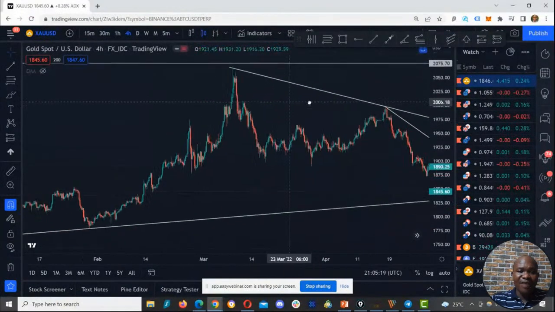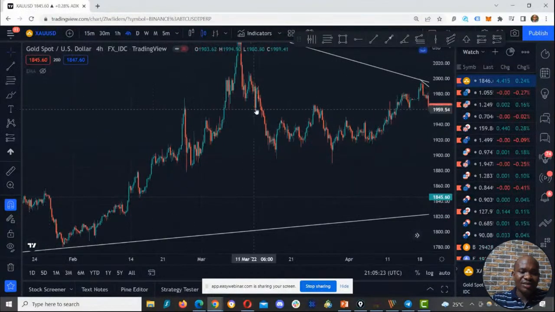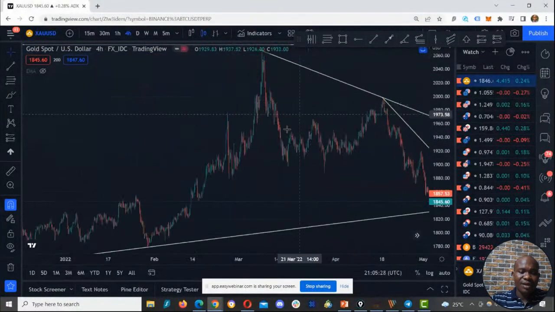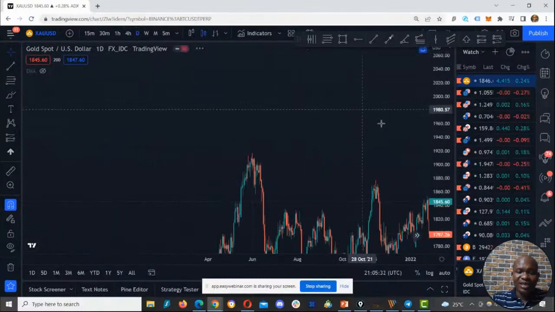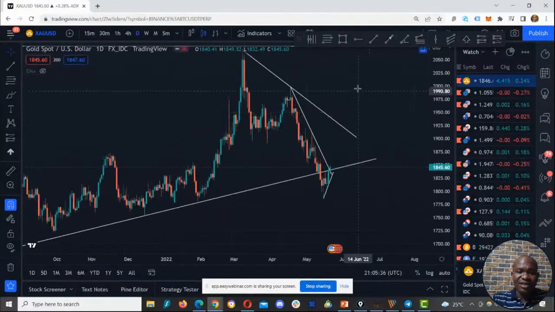Now, if I zoom out, you can see clearly that there is a trend. If you go to daily, let's start on daily so you can see it clearly.